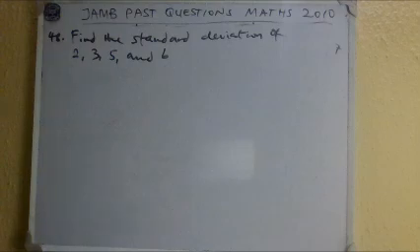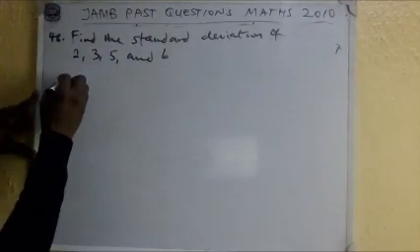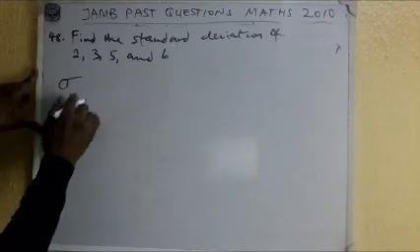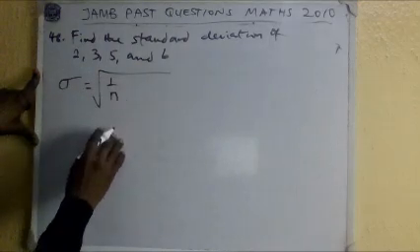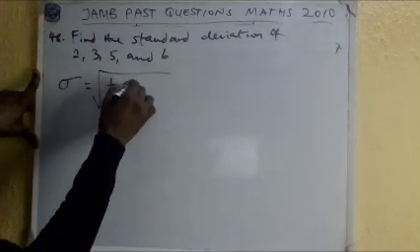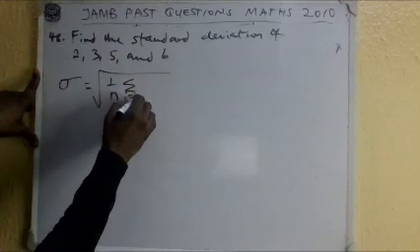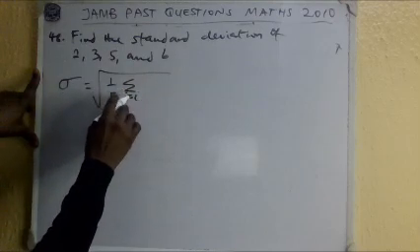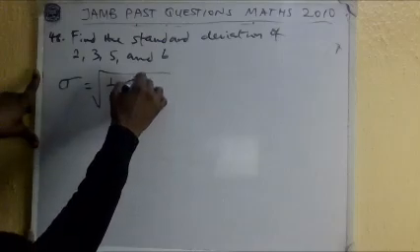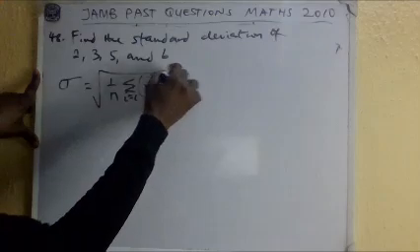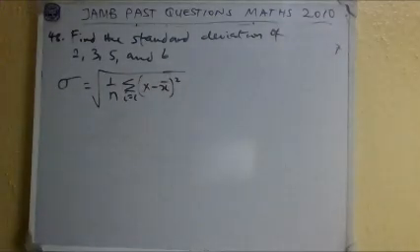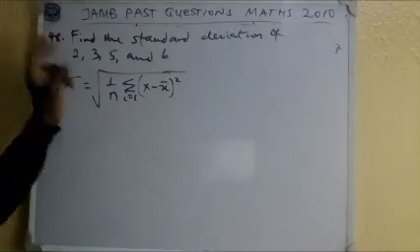The standard deviation formula is the square root of 1 over n, then the summation from i equals 1 to n, of the deviation from the mean squared. I will interpret this formula. For standard deviation, the first thing you do is to get the mean.